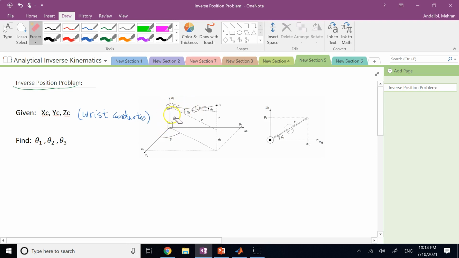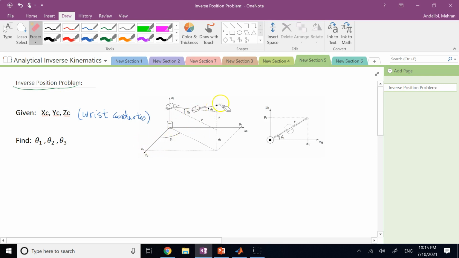Here, this is kind of like the hardest one, all of them theta. When one or two of them are prismatic, the inverse position problem is so simple. So this is the hardest one, and here we are going to focus on that, and I show you if I know the location of the wrist, how do I get the three angles, theta 1, 2, and 3?